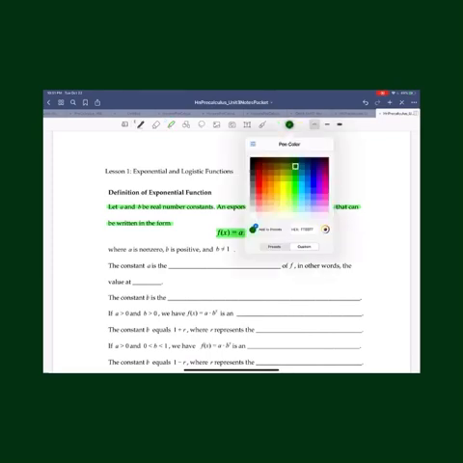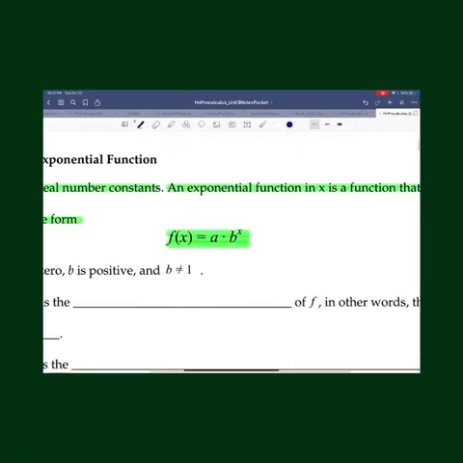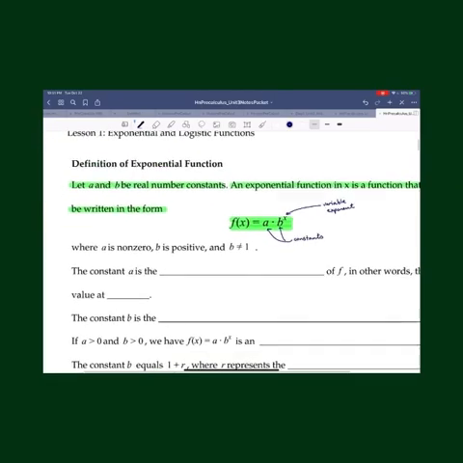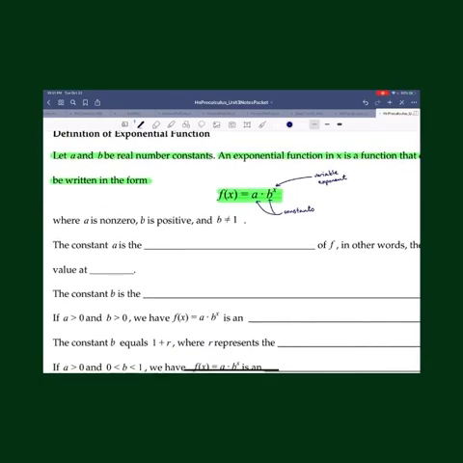So what we should notice here is that we have a variable exponent, and both a and b are constants. And a is non-zero, b is positive and not equal to 1.